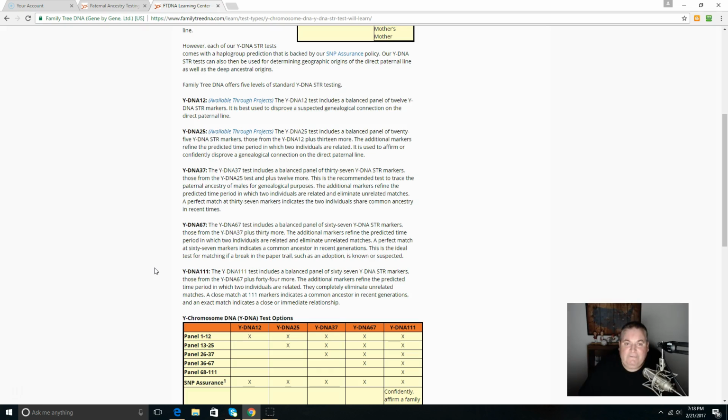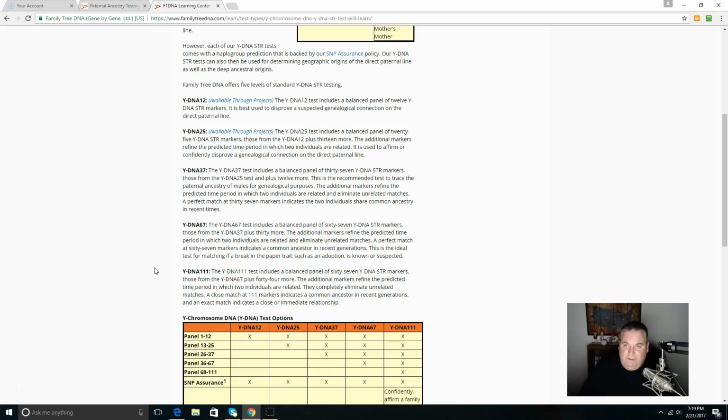So if you have a couple of people that take the Y-DNA test, you want to determine possibly if they have the same father, you could probably start with the Y-DNA 12 test. And that's going to give you an indication if this is indeed two people from the same father. In other words, your direct paternal line.